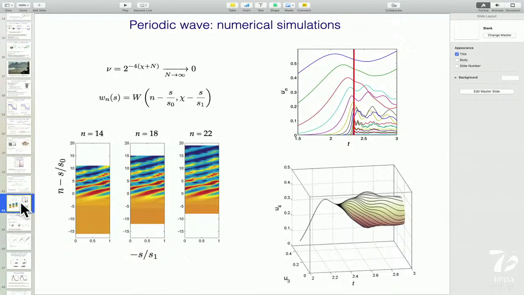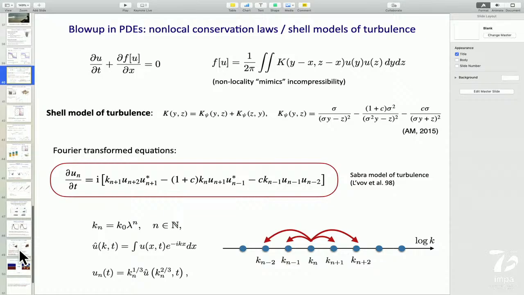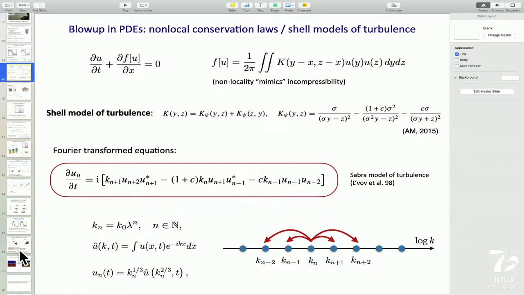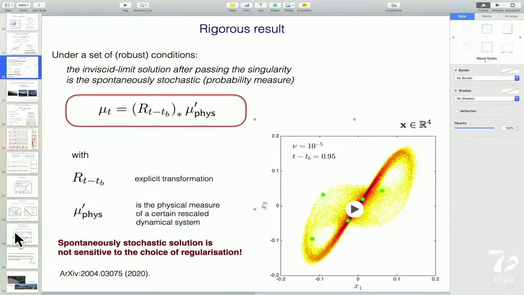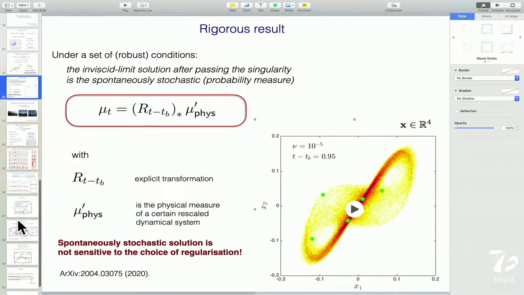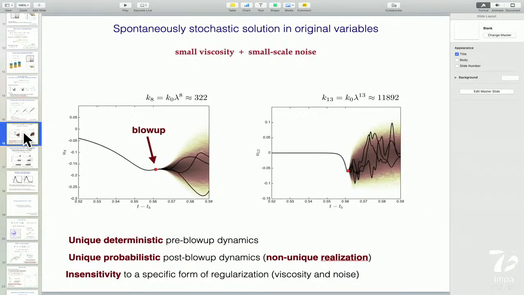And finally, we can consider this shell model in its original form, where everything is complex. What do we have? We have this situation.